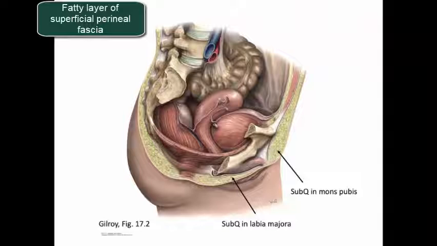In fact, the superficial fat in all regions of the body is continuous with itself throughout the body. What this means is that the perineal superficial fat is continuous with the abdominal superficial fat, the ischioanal superficial fat, and even the superficial fat of the thigh, which isn't pictured here.